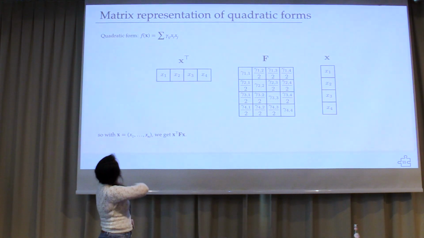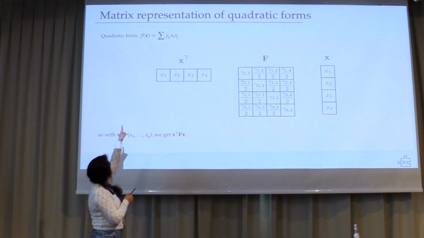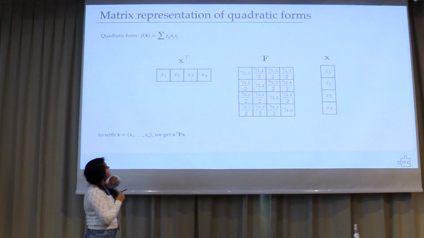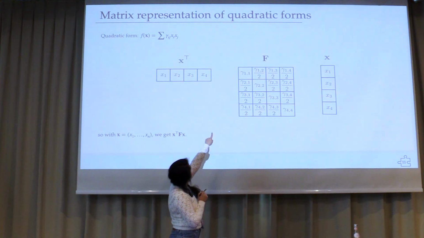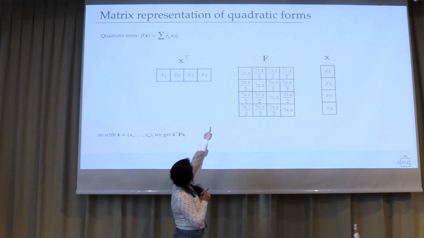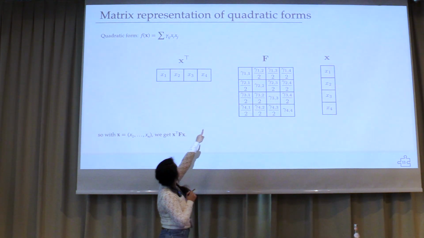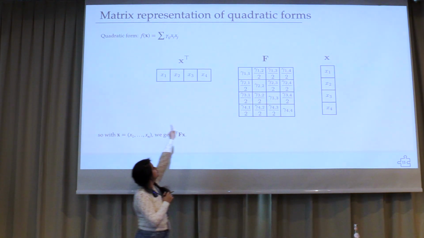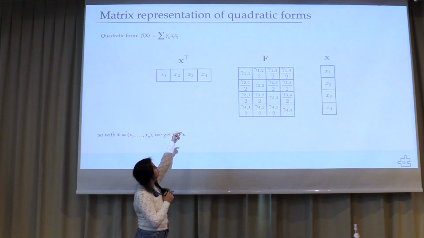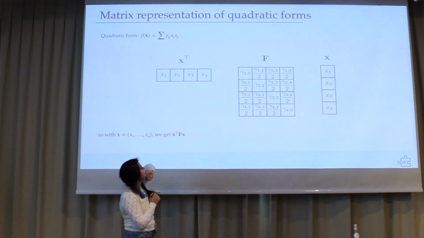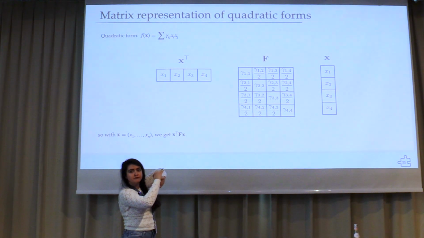If you have a form like that on top, the f of x, then you represent it with this matrix F by putting, let's say here, gamma 1,1 is the coefficient in front of x1 squared. So you put that one in the entry 1,1. Then in the entry 2,1, you put the coefficient of x2 x1, but over 2.